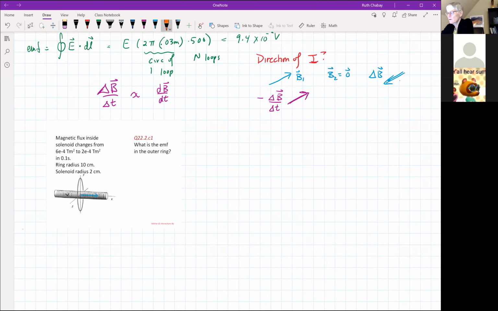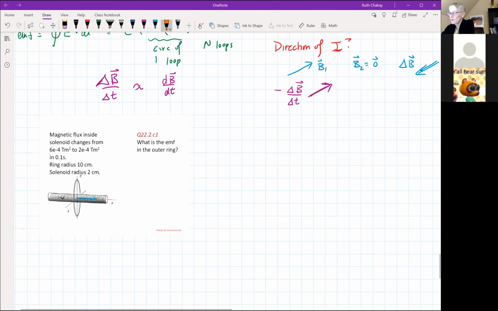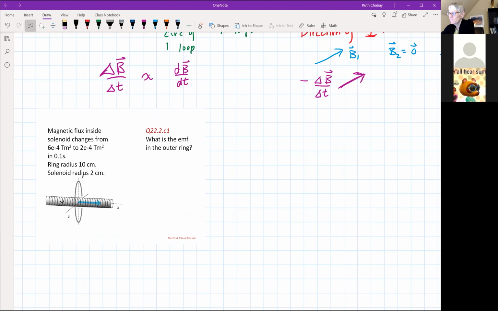The interesting thing about this question is that if this is an ideal solenoid, or even just a very good solenoid, the magnetic field outside here is nearly zero.